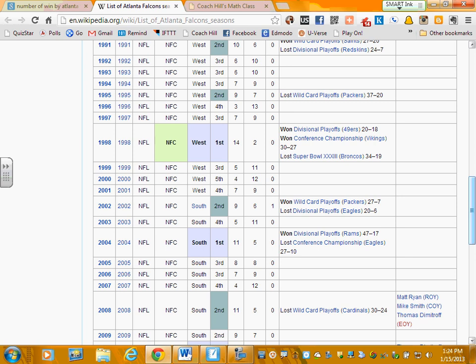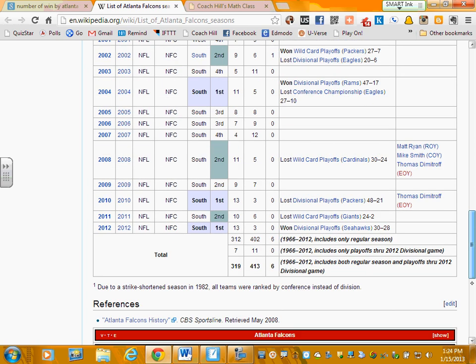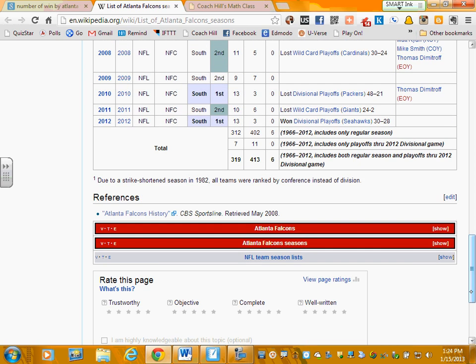Every time they gave me one of those numbers, I counted it up here. We had 44 total seasons that added up to 319 wins. There's that 319. So there's 319 wins represented here, 45 seasons.